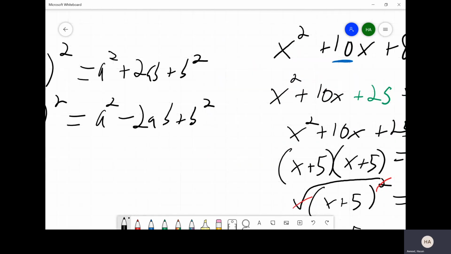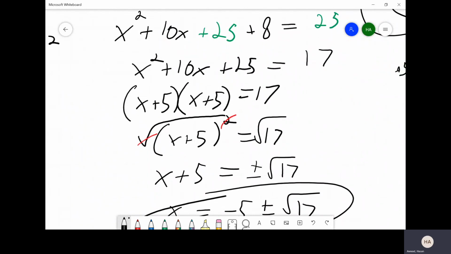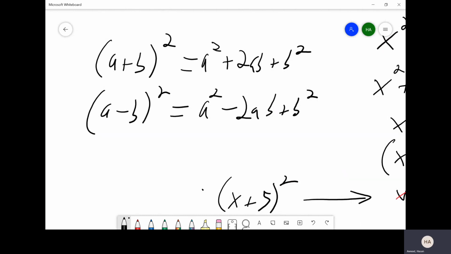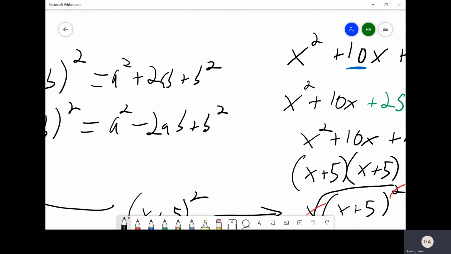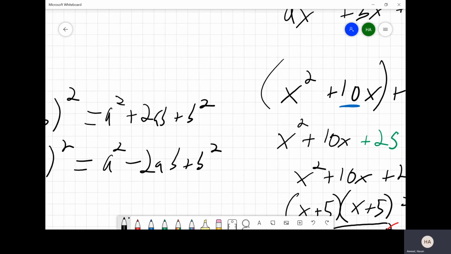And now we look and we say, oh, wait. What did we end up with? At this piece right here, we ended up with x plus 5 squared, right? And that is essentially this guy, a plus b squared. So we look at our original equation, and I'm only going to examine this piece here, x squared plus 10x. Well, what do I have?